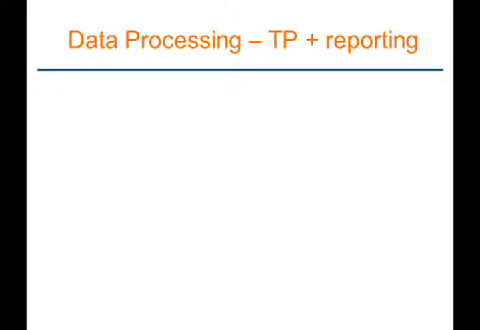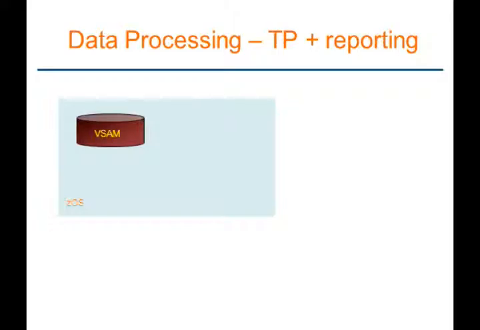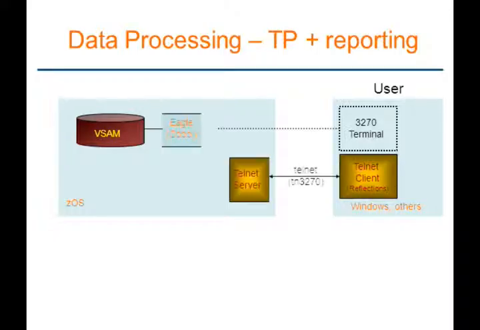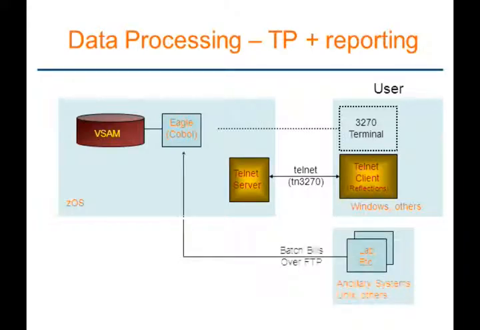So when we take the data processing and we take transaction processing and the reporting, we get a picture in which we have a mainframe and we have a user sitting with a 3270 terminal and Telnet client, and the user uses the 3270 terminal to access the data that is still sitting in z/OS. And if need be, the user could actually Telnet into the application and get more information or help.